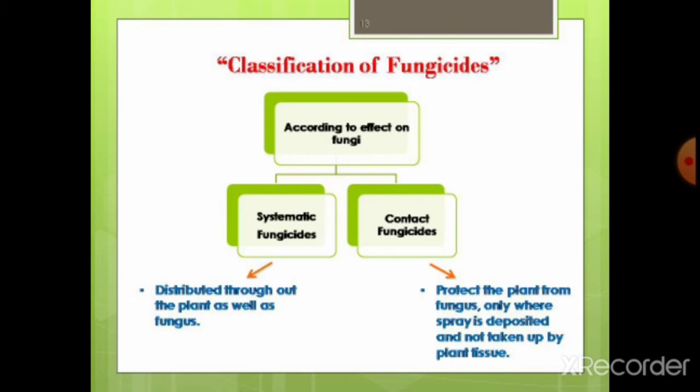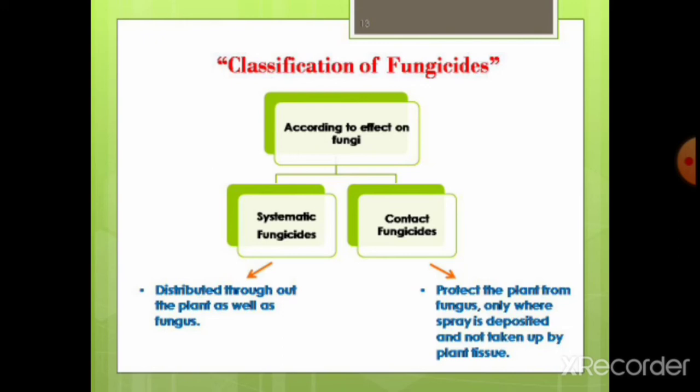Now the classification of fungicide. This first classification is according to their effect on fungus. These are of two different types: systematic fungicide and contact fungicide. These two terms, systematic and contact, we have seen earlier in herbicide. Systematic means it gets distributed throughout the plant as well as the fungus.